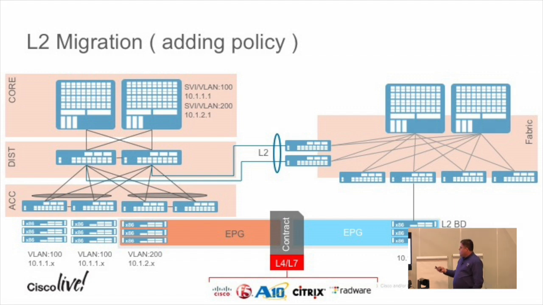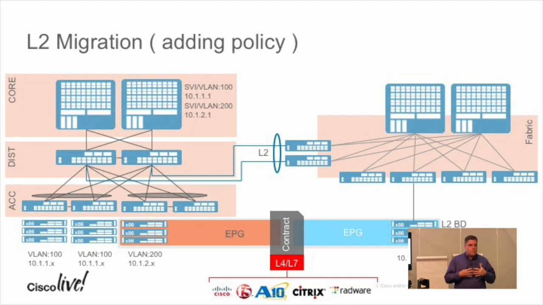But now you start adding policy. I can start by simply separating them into different endpoint groups. Okay? Now an endpoint group in ACI is simply a policy domain. One of the things I always tell people is, please, unmarry yourself from thinking in VLANs. Because in ACI, treating an EPG as equal to a VLAN will just hinder you.